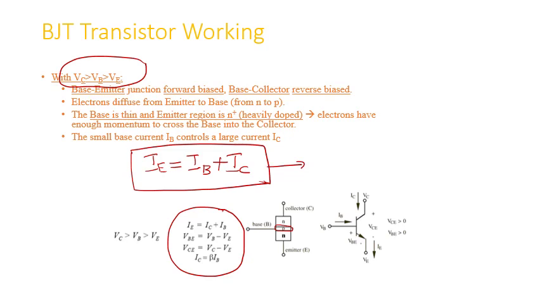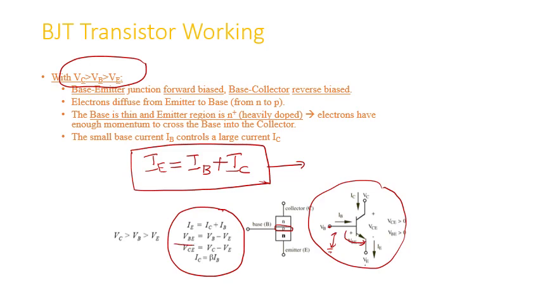From this structure we can have equations. The voltage between the base and the ground is called VB. Suppose there is a ground here; this voltage is called VB, the voltage between the base and the emitter is called VBE, and the voltage between the emitter and ground is called VE.